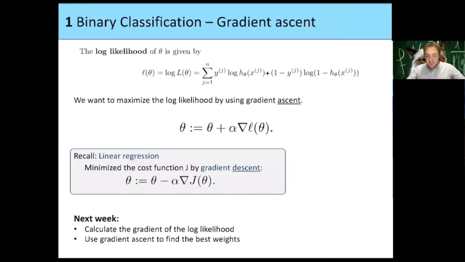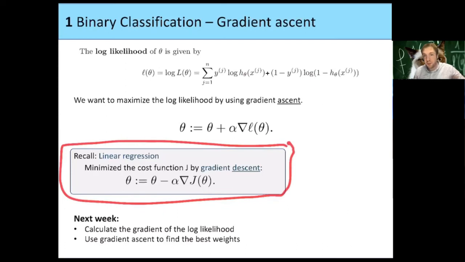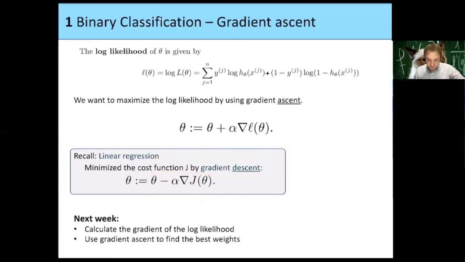And this we will do by gradient ascent. In linear regression, we wanted to minimize something, to make something small, so we used gradient descent of our cost function. For this, we calculated the gradient, and the gradient showed in the direction of the steepest ascent, so we went in the other direction.